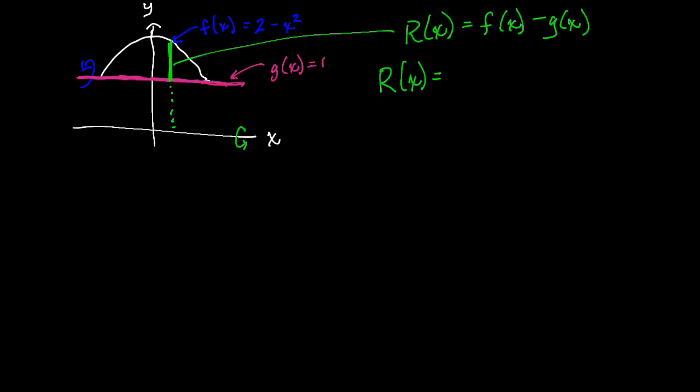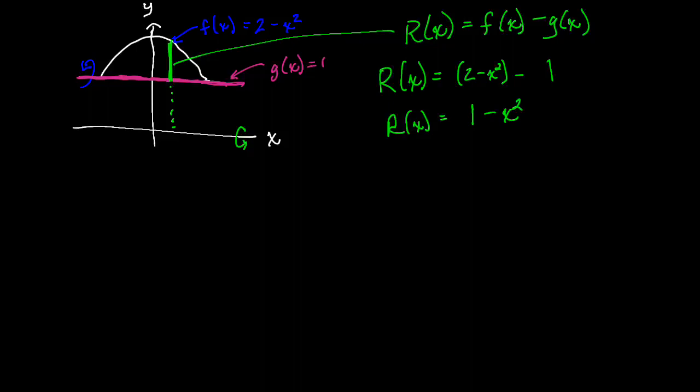So f of x is 2 minus x squared, and we're subtracting g of x, which is just 1. If I simplify, 2 minus 1 is 1, so I'd have 1 minus x squared.